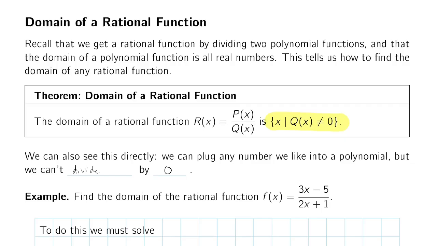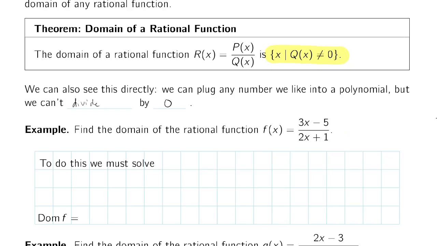So, how can we find the domain of a specific rational function? Here we have the rational function f of x equals 3x minus 5 over 2x plus 1. Those are polynomials of degree 1. To find the domain, we'll take just the denominator, set it equal to 0, and solve.